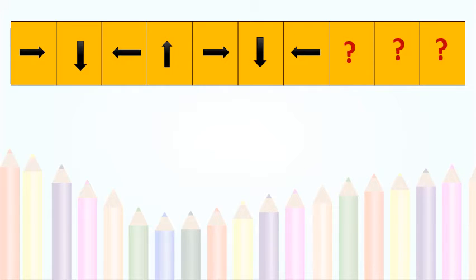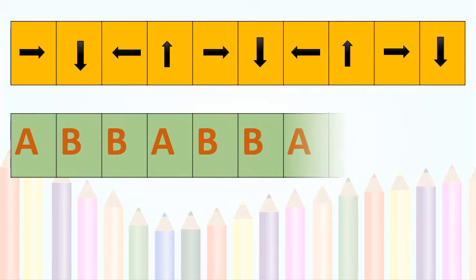Here you have to draw the next three patterns, the next three in the series or sequence. See, left, down, right, up. Now here in the last it is left. So what should come here? Up, isn't it? Right, down. Got it, students? You have to continue that sequence.